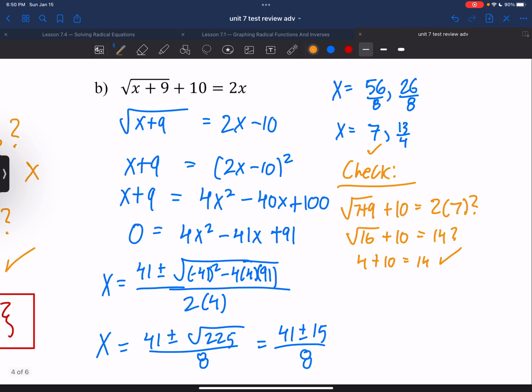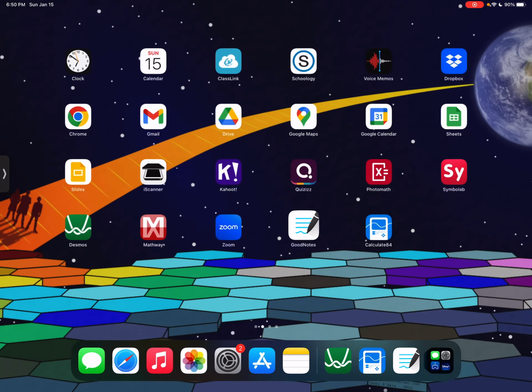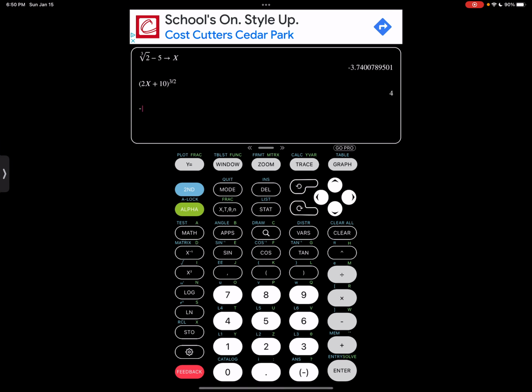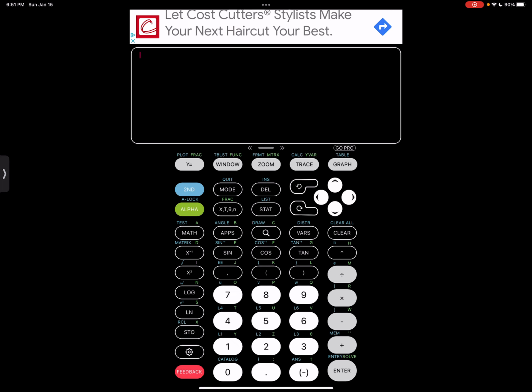Does 13/4 work? Do I want to do that by hand? No. So I'm going to use the calculator for 13/4. Let's clear this. 13 over 4, store that for x.